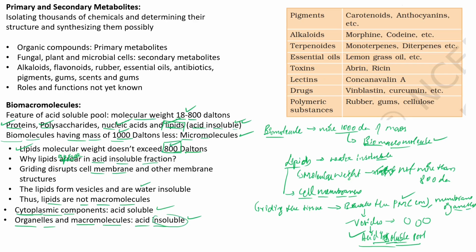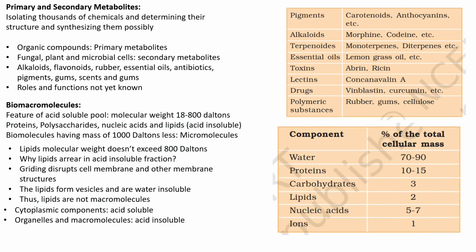It is the macromolecules and the organelles that belong to the acid insoluble pool, and the acid soluble pool mainly consists of cytoplasm. Yes. So now here we have another table that shows the components inside the cell, and also what percentage they are found in the cellular mass.